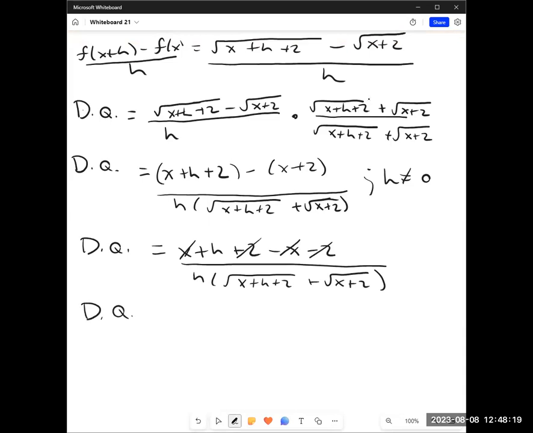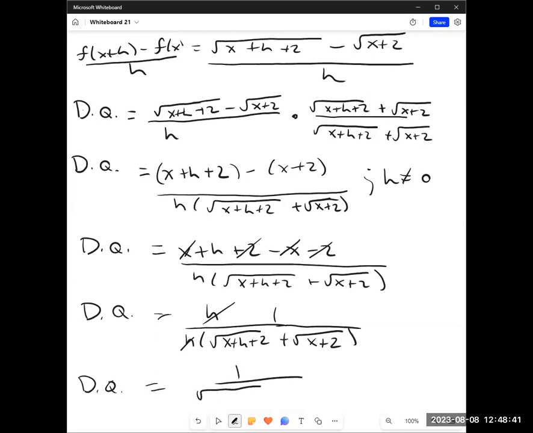I'm going to be left with only my h terms, and these are going to cancel to leave me with a 1. And my difference quotient is going to look pretty funky to you. That's okay, because my goal was to cancel out that h. And the only way to do that was to rationalize my numerator. And remember, h is not equal to 0 there.